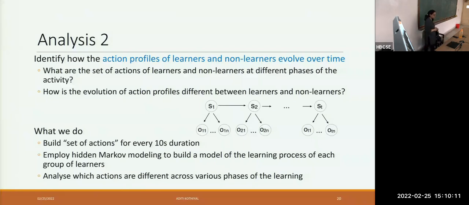So now we build a model of what was happening behind. When we are looking for these states at the back, there can be any number of states, of course, because we don't know the nature of this.